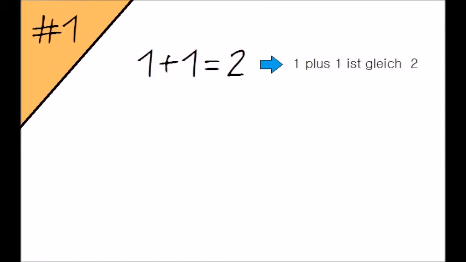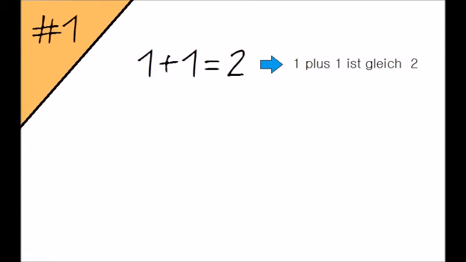Number 1. Here are the most important mathematical symbols. Plus is plus, and equal is gleich. For example, 1 plus 1 ist gleich 2.